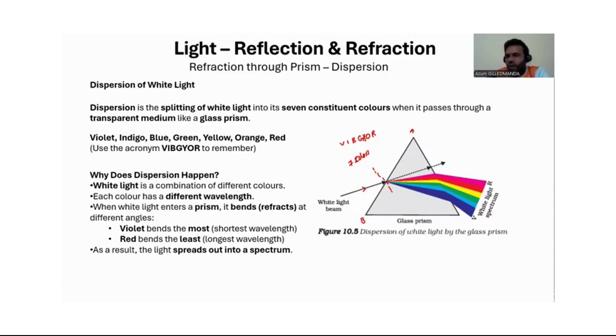So what Newton observed is that dispersion of light is happening. The white light, a single beam, is spread into different colors at the first refraction.